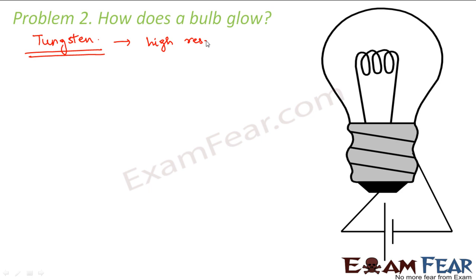Why? Because there is friction. Friction is something which opposes motion. It is a kind of resistance to motion. So whenever there is friction or opposition to something, heat gets generated. Similarly here, whenever there is resistance to current flow, heat will get generated. And this heat gets dissipated in the form of visible light.